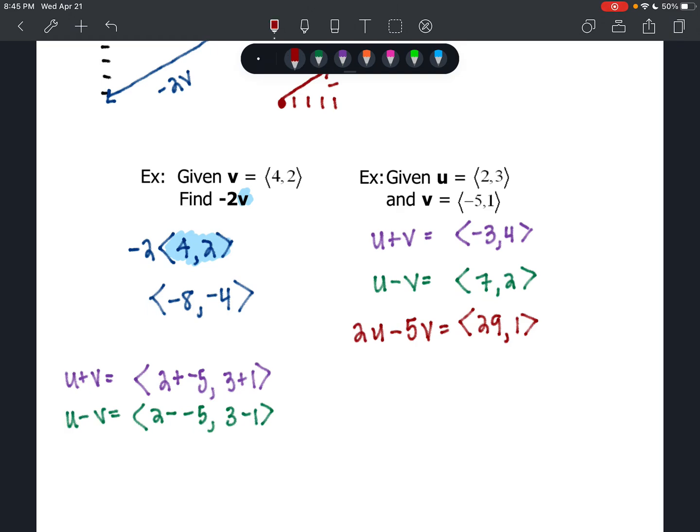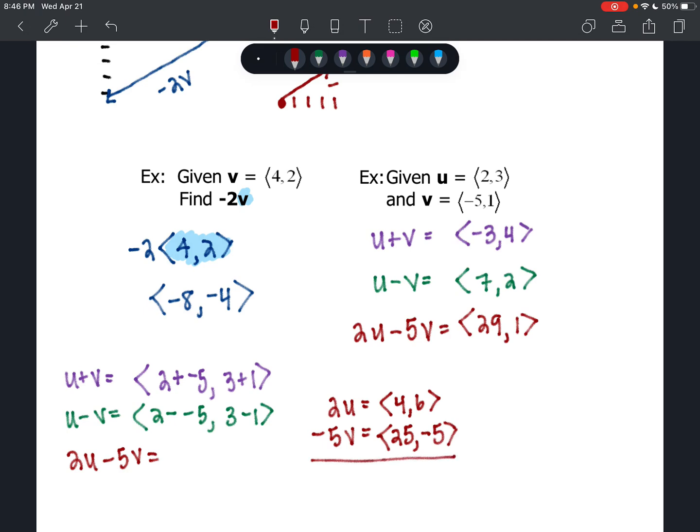And then 2U minus 5V. So 2 times 2 is 4. And actually, I'm going to do this in a better way. I'm going to tell you 2U is equal to 4, 6. And then negative 5V is equal to 25, negative 5.